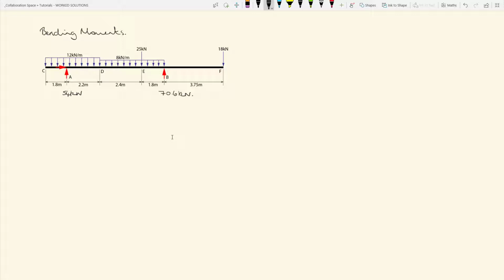So we can simply write the bending moment at C equals 0. And similarly for the free cantilever end F, the bending moment at F equals 0.